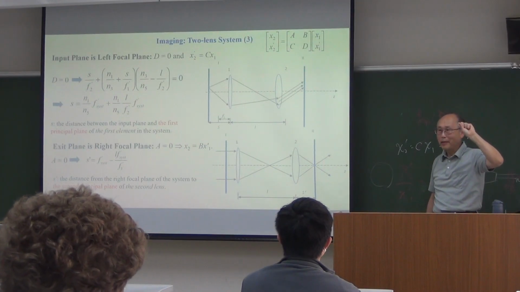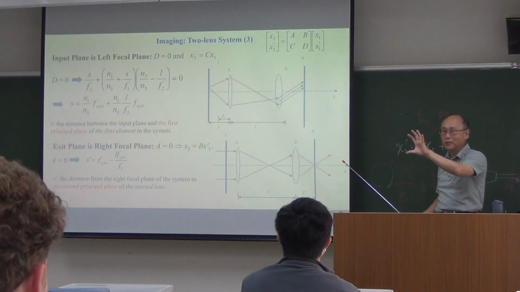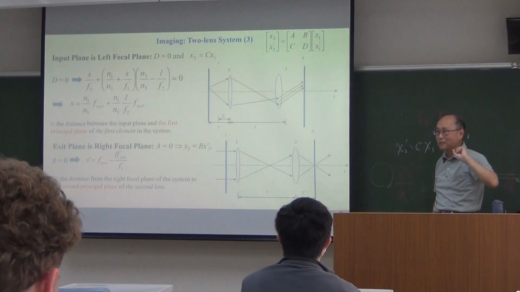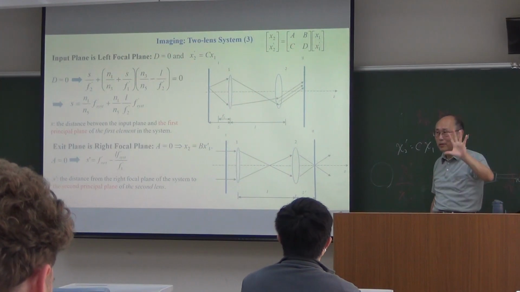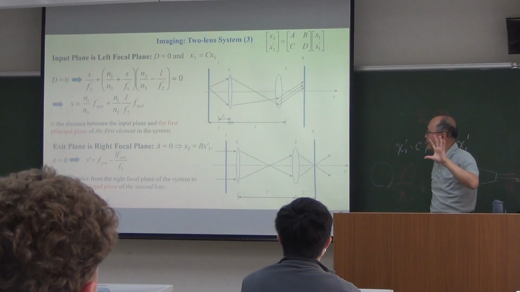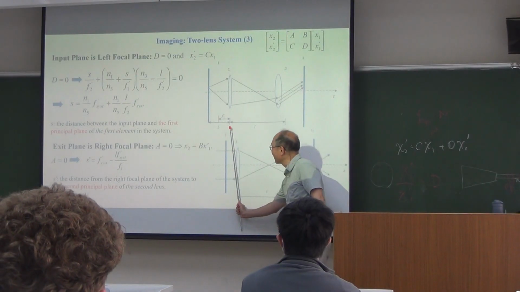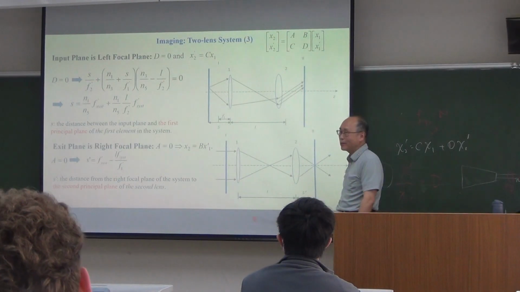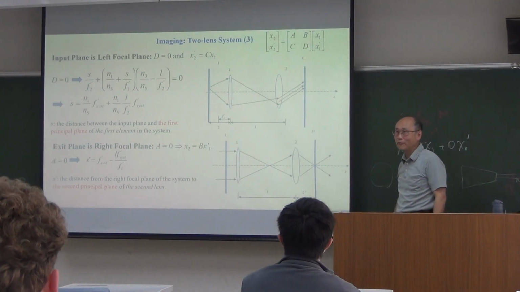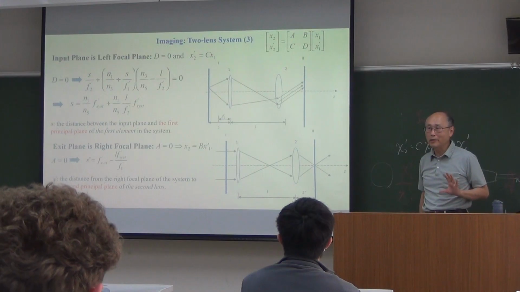And then we have C equal to 0, that is the telescope. Then D is the angular magnification. Right, so we learned about this A, B, C, D. And then we argued that if we set A equal to 0 or D equal to 0, then the location of the input and output are relevant to the left and right focal plane. So this is basically the summary of what we learned today so far.